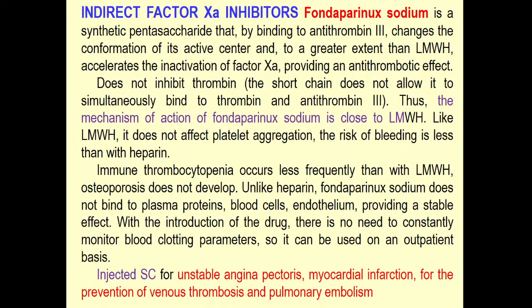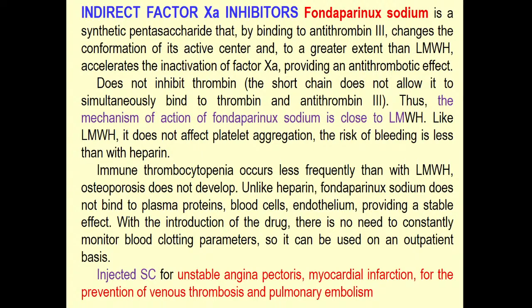Indirect factor 10 inhibitors. Fondaparinux sodium. It is a synthetic pentasaccharide that, by binding to antithrombin 3, changes the conformation of its active center and, to a greater extent than low molecular weight heparins, accelerates the inactivation of factor 10A, providing an antithrombotic effect.